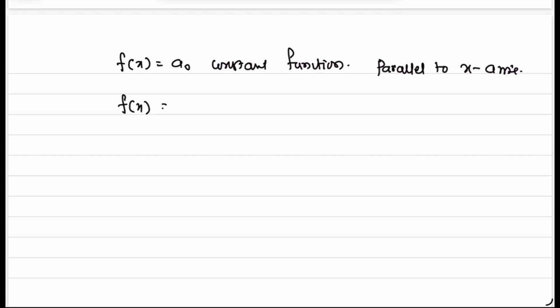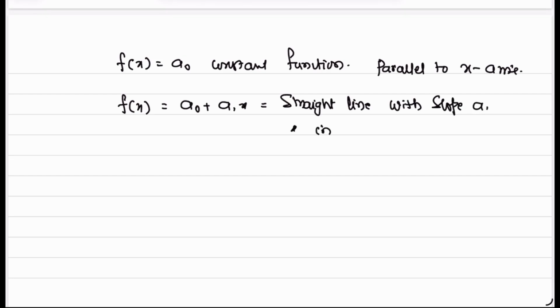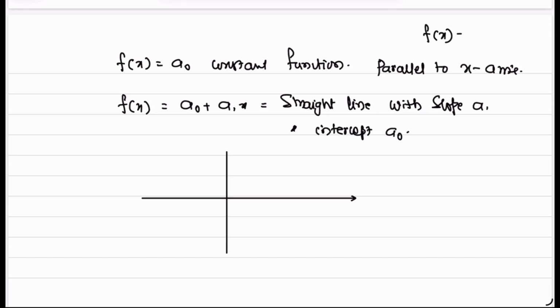f(x) is equal to a0 plus a1x, that is a straight line with slope a1 and intercept a0. Let us try to draw this. Usually, f(x) is denoted on the y-axis.